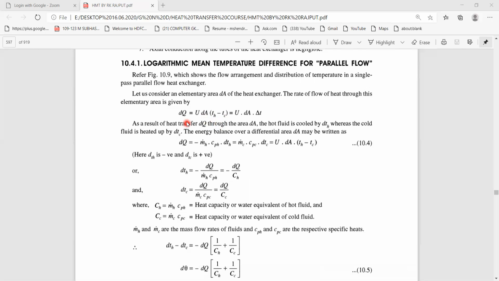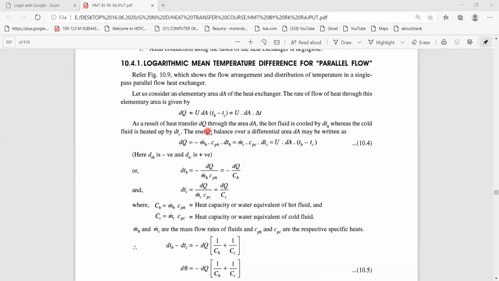So dQ equals U dA into TH minus TC, or U dA into delta T. For our convenience, let me write TH minus TC as delta T, the temperature difference.